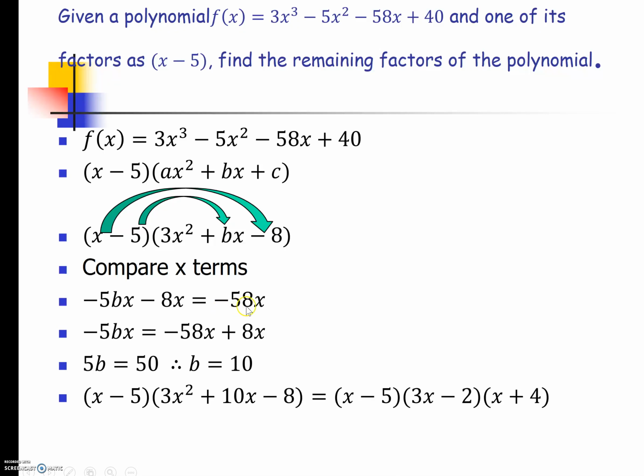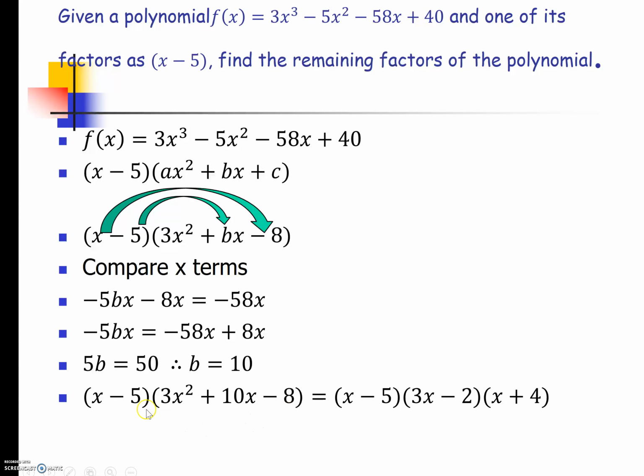That is equivalent to minus 58x from the given equation. When you collect like terms and solve for it, you will get b equals 10. So you can plug in the values of b, a, and c.